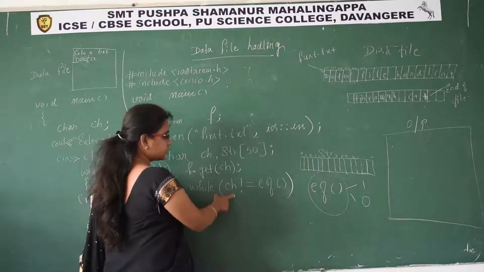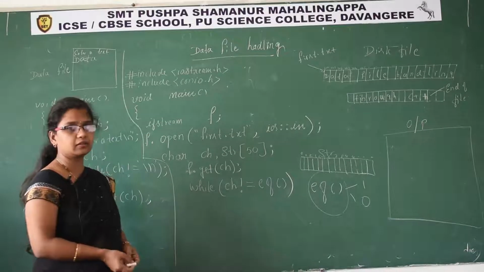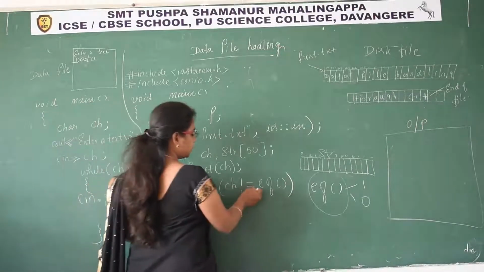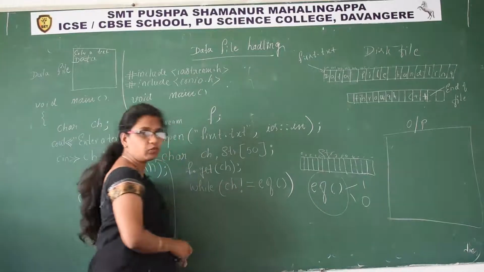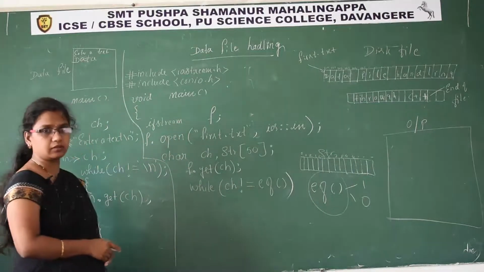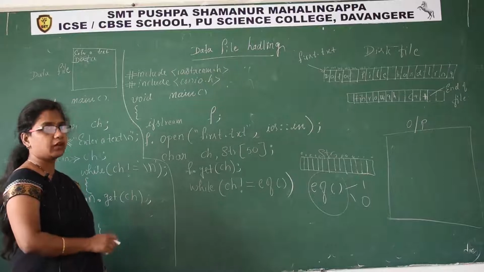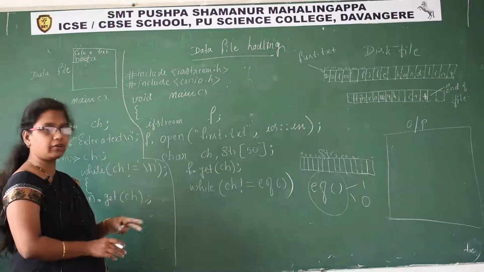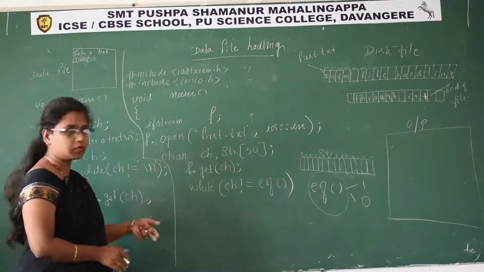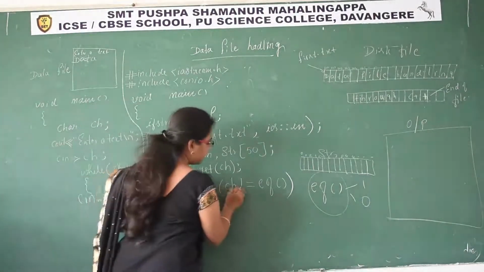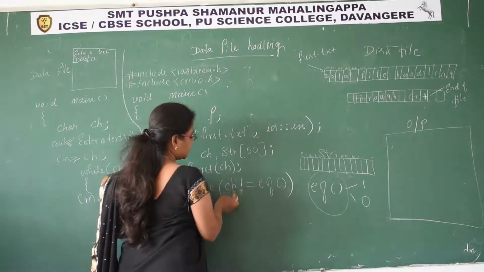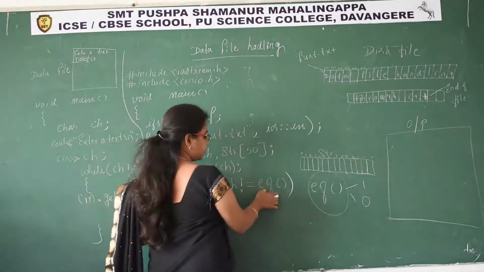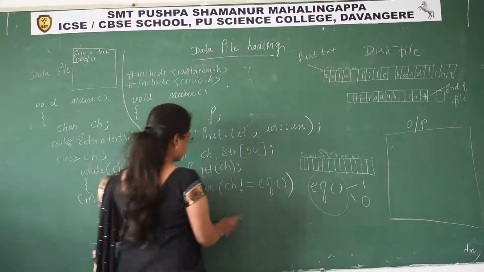You can compare like this, or directly you can compare not EOF. Not EOF means if EOF returns 1, yes, it is end of file. Not EOF, if it returns 0, it is not end of file, so we have to go inside, right? You can compare like this. This will be easy for you. ch, the content of ch, its ASCII value, and end of file is compared like this.